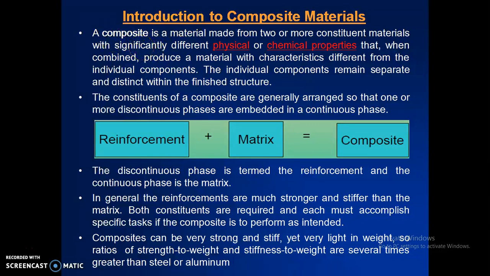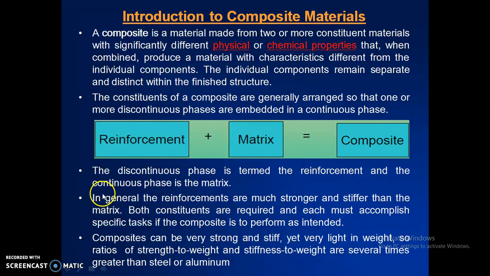The major constituents of this composite material are reinforcement and matrix. Reinforcement has high strength, whereas matrix is a softer form and reinforcement is a harder form. When these are combined, we get a completely different material known as composite.